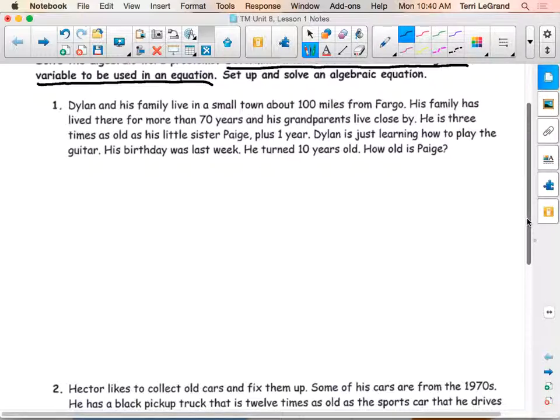He is 3 times as old as his little sister Paige, plus 1 year. Dylan is just learning how to play the guitar. Sylvia? Okay, and Sam. He turned 10 years old. And Katie.